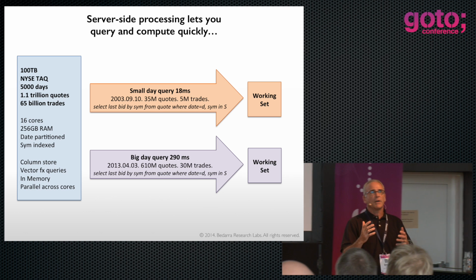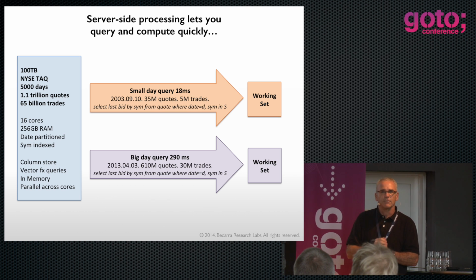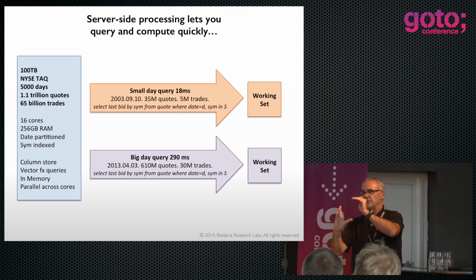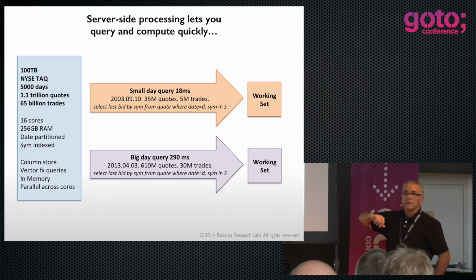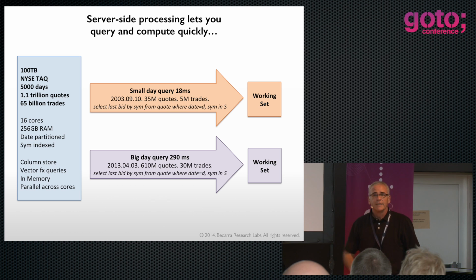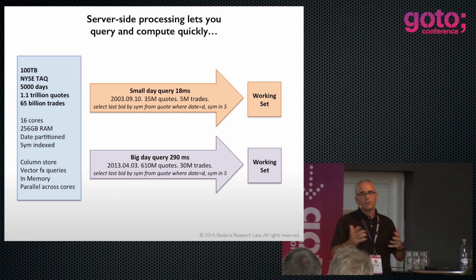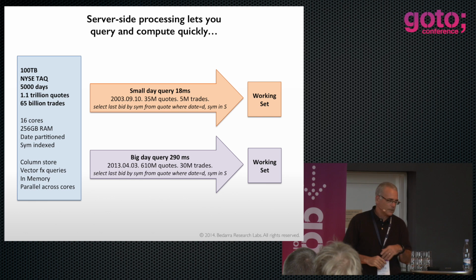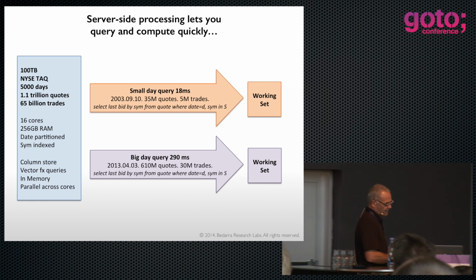So if you think about it, that's why I showed you 35 million records in that other example, because we take our 100 terabytes, pull it down to 35 million records, and now you can work with it quite cleanly. And it's the same thing with the large day, right? We can do a larger query, 290 milliseconds, and now you're working with a data set of about 600 million records. I'll show you the numbers on that in a minute.